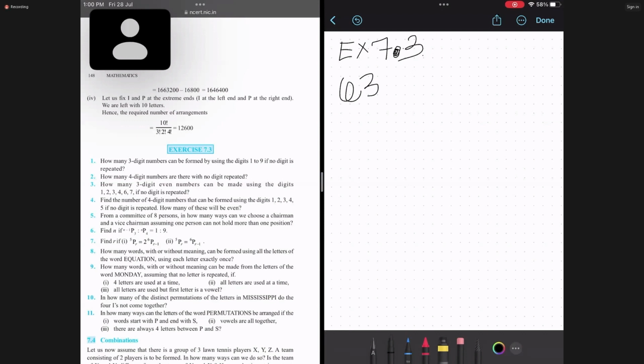So let us just make all these places and let us write the digits that we have at our disposal. Correct. So the first condition that has been specified to us is that the number is even, right? What does that tell us?